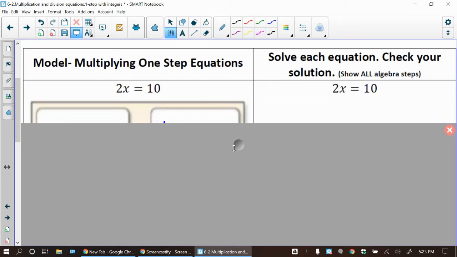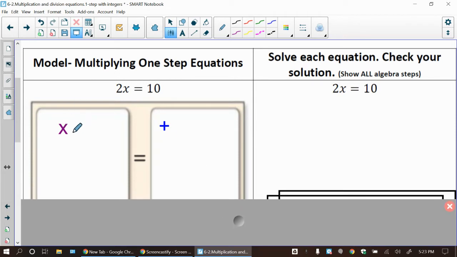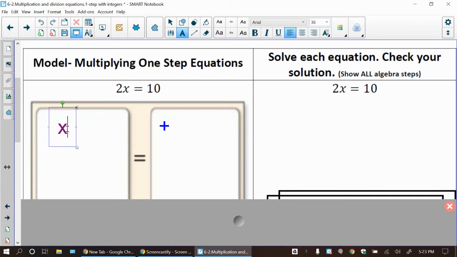Okay, and so what I have here is we are going to start with putting x's on each side. It tells me I need two x's. So I already have one x started, and then I just have to put my other x. That models this side right here.